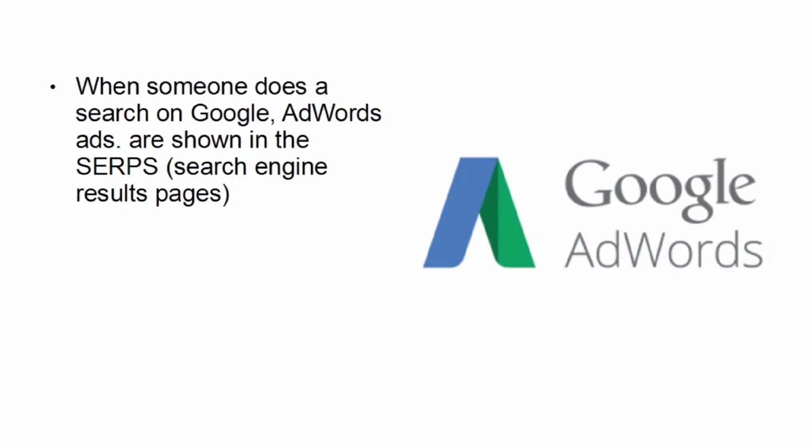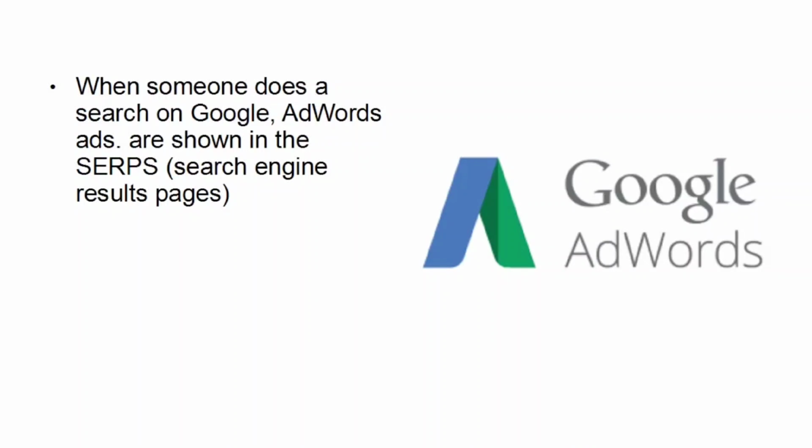So let's take a look at some of the key differences between advertising on Google AdWords and advertising on Facebook ads. Now, when someone does a search on Google, AdWords ads are shown in the SERPs, that's the search engine results pages, and they're generally shown down the right-hand column and sometimes across the top of the results.